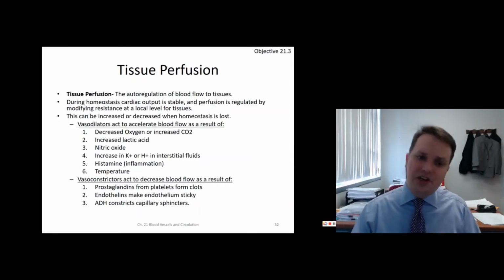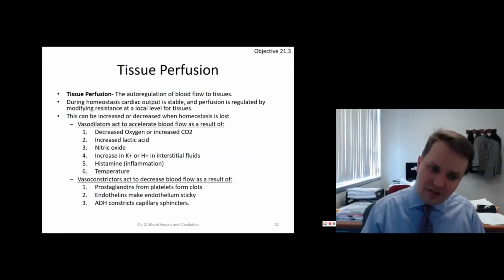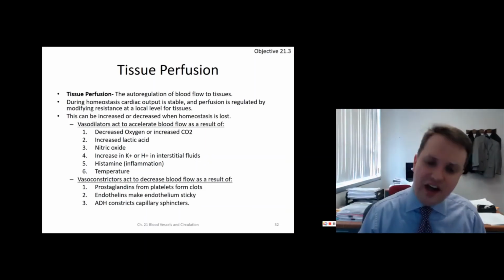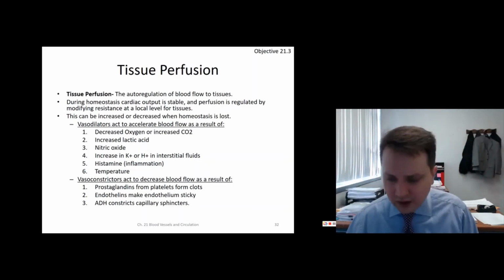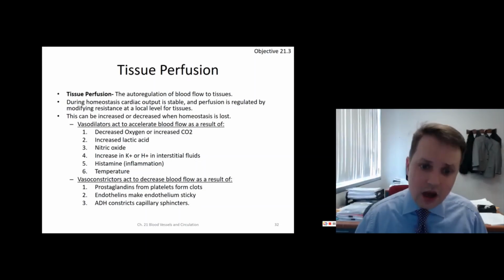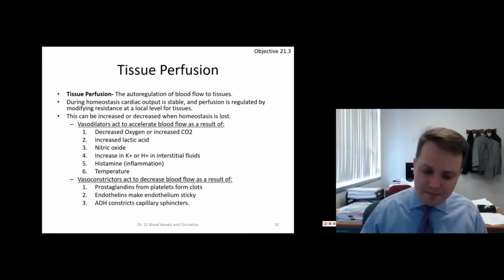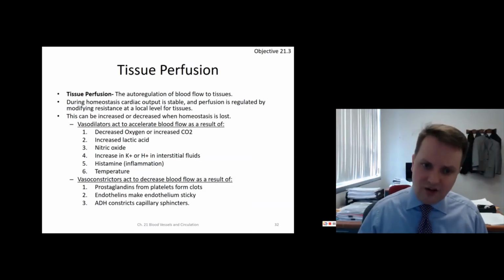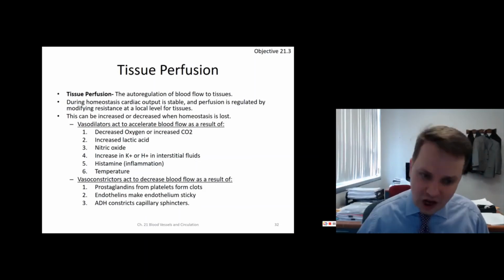There's too much lactic acid, which means the body's not getting enough oxygen. Nitric oxide release causes dilation. That actually is a cause of erections. A male's penis becomes erect due to vasodilation as a result of nitric oxide.